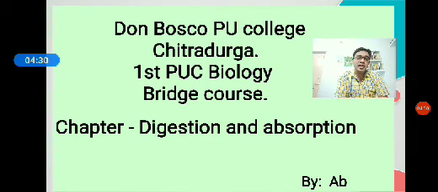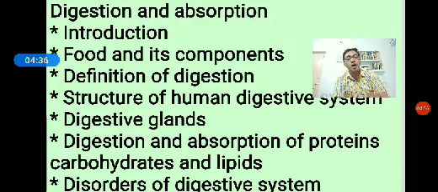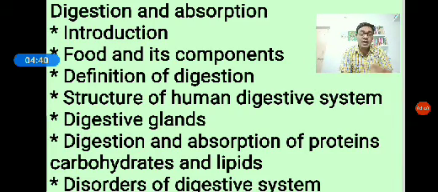One chapter in human physiology in first PUC biology is called digestion and absorption. In this chapter, first we will discuss the introduction: what is meant by digestion, what is meant by absorption, and how the process goes on, briefly.